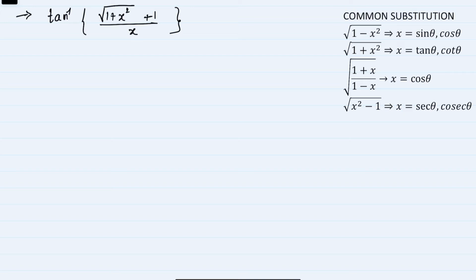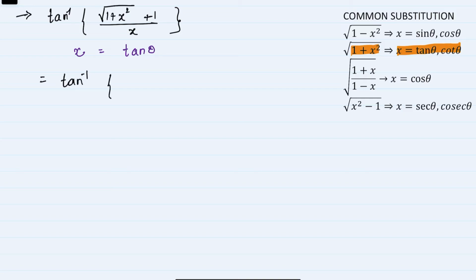Now again our priority would be to remove the root. The correct substitution can be x is equal to tan theta or cot theta. So let us assume x is equal to tan theta here. We can go with any one, either tan or cot; eventually we will get the same answer.